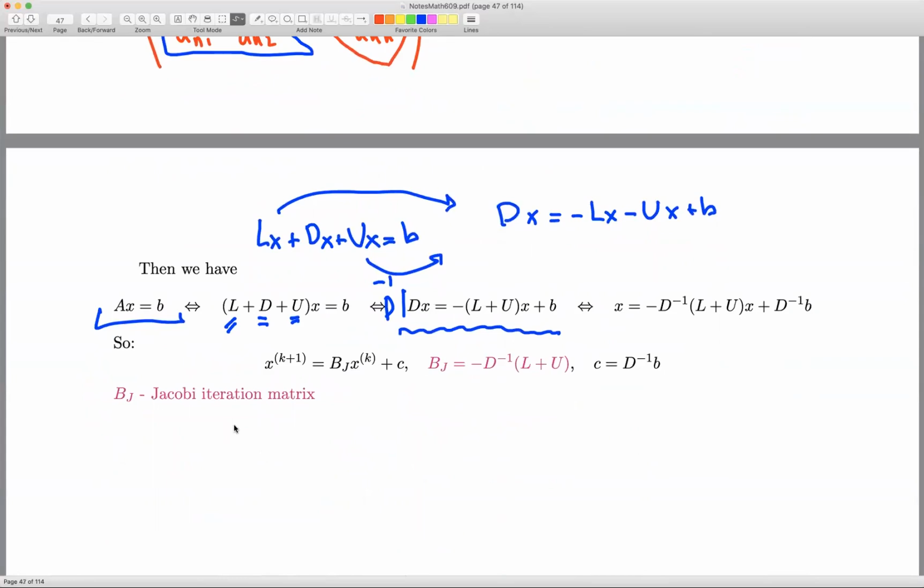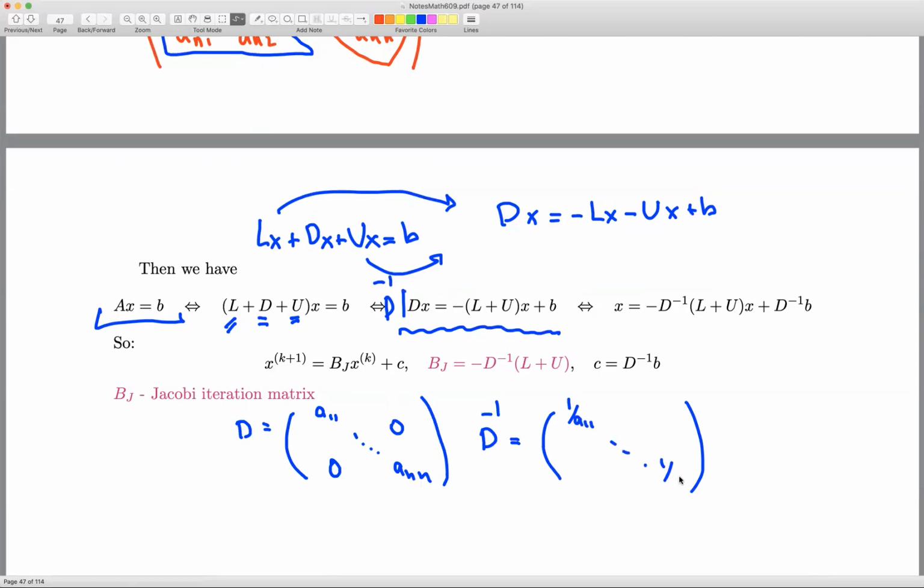Remember that if you have a diagonal matrix with non-zero entries on the main diagonal, the inverse of that matrix is again a diagonal matrix, where on the main diagonal you will have the reciprocals of the main diagonal entries.